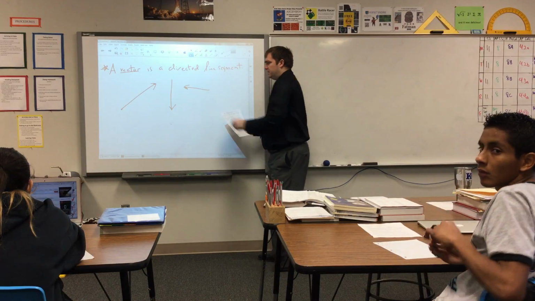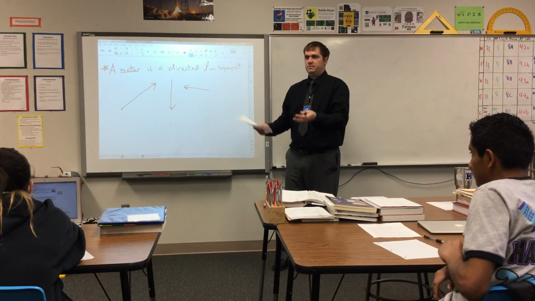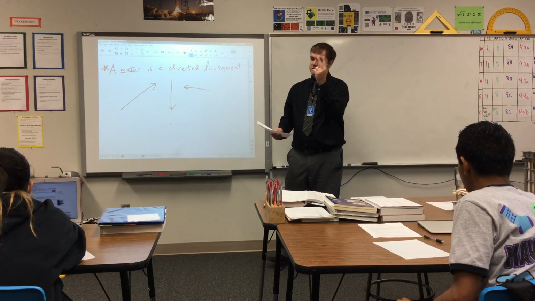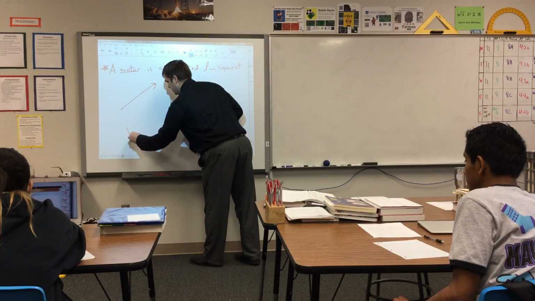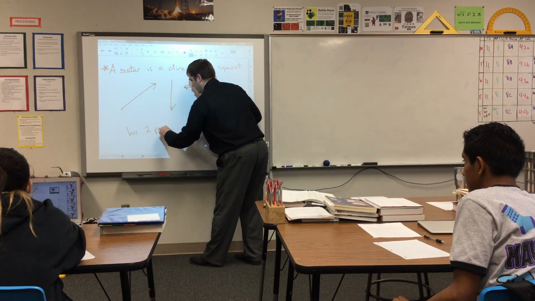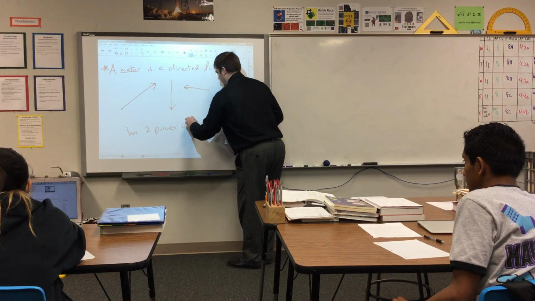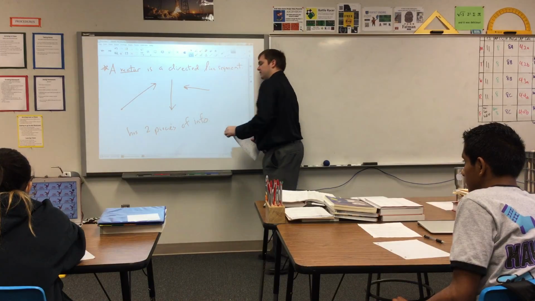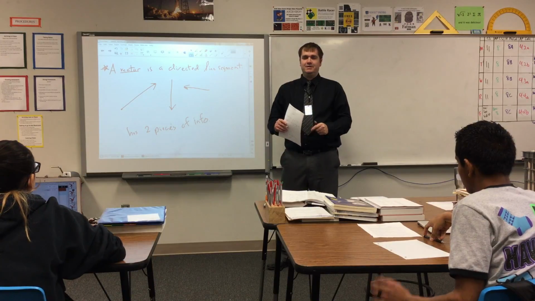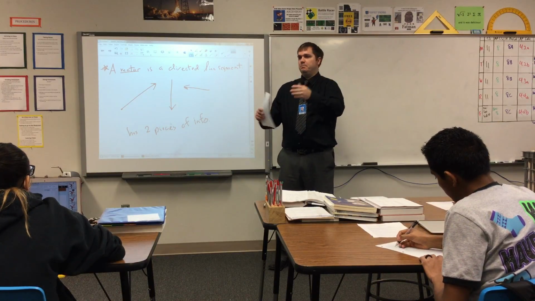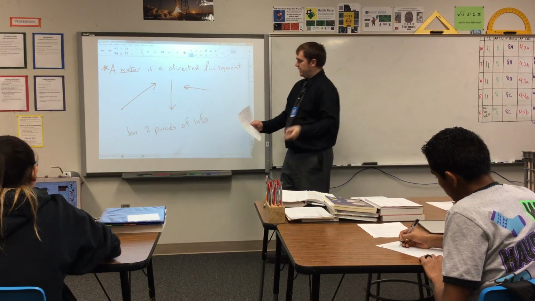A vector is a construct that has 2 pieces of information. Does anybody know what those 2 pieces of information are? Speed and direction. Close. Magnitude and direction.